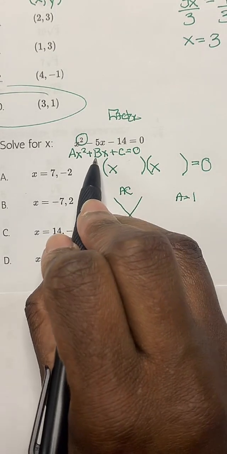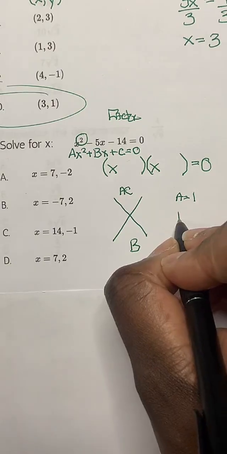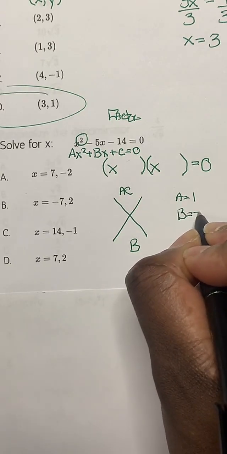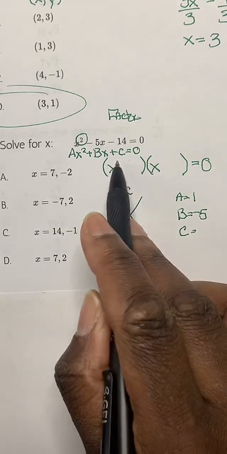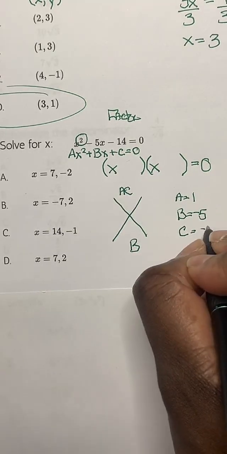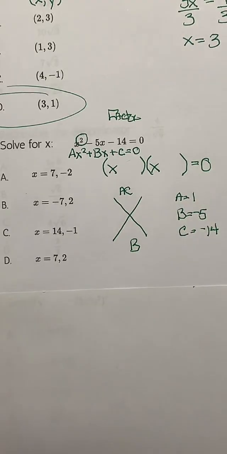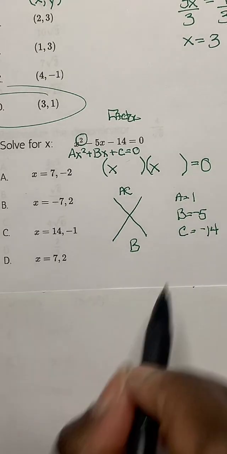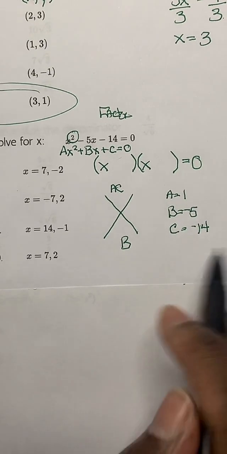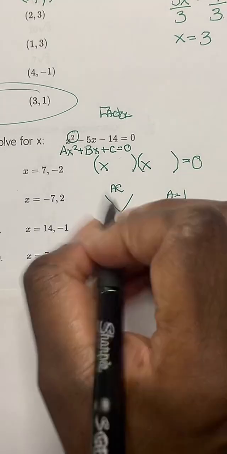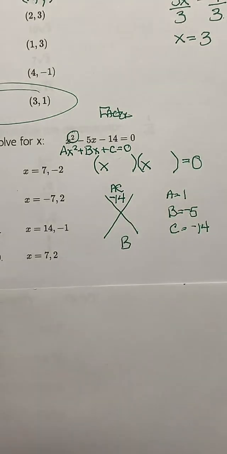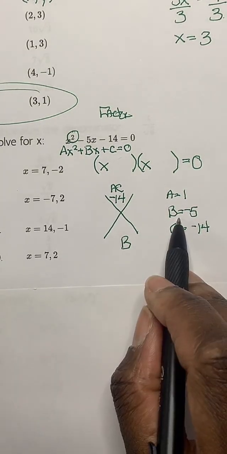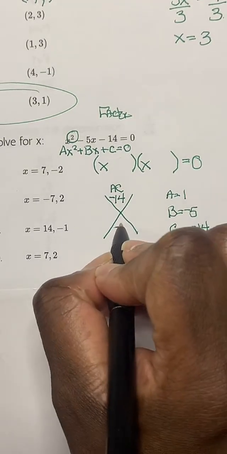The number that's the coefficient in front of the x is going to be your b. In this case, it's a -5. And the c is going to be your constant, which in this case is a -14. So if I multiply my a and my c together, I'm going to put its answer right here, which is -14. And the b, I'm going to rewrite it under here.